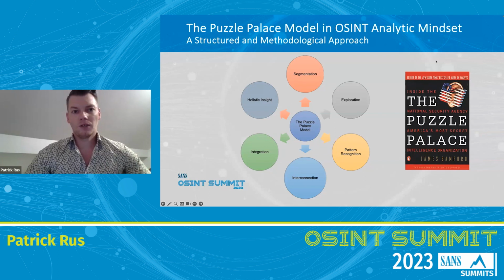He used, for example, newspapers, other documents collected from public libraries, and FOIA requests, and he put together a comprehensive puzzle of this organization. The Puzzle-Palace model consists of various components, and I will explain each component or phase over the next slides.